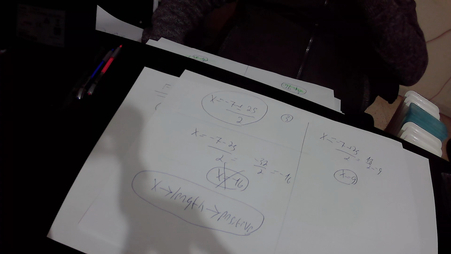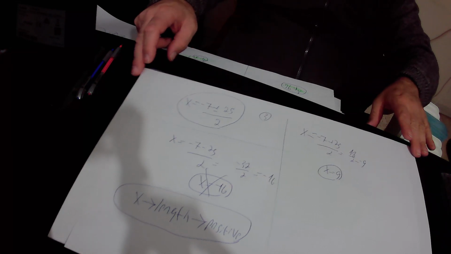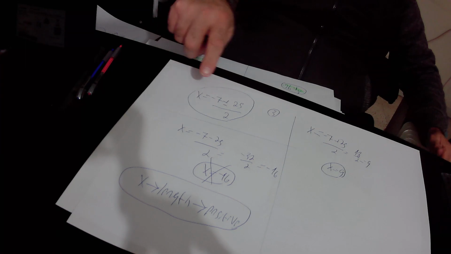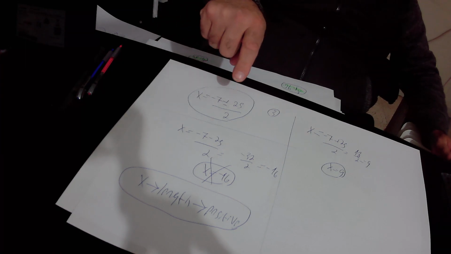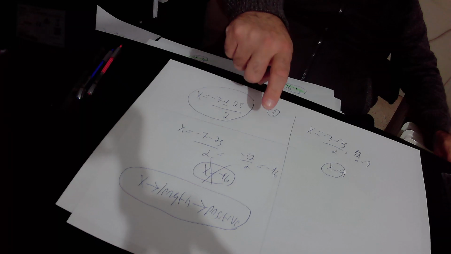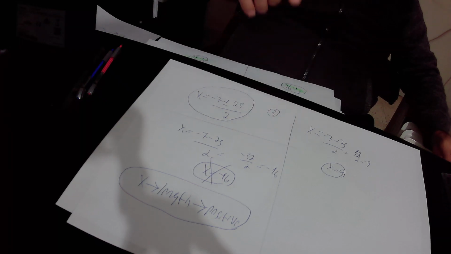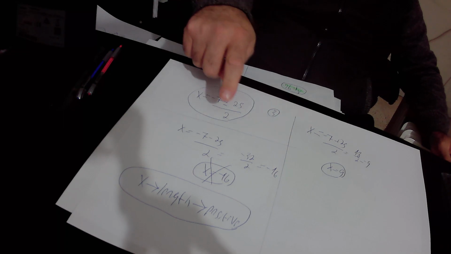So x equals minus 7 plus minus 25, over 2. Here we have two possible solutions for x. The first solution is x equals minus 7 minus 25 over 2. Minus 7 minus 25 is minus 32, and minus 32 over 2 is minus 16. So the first solution is x equals minus 16.